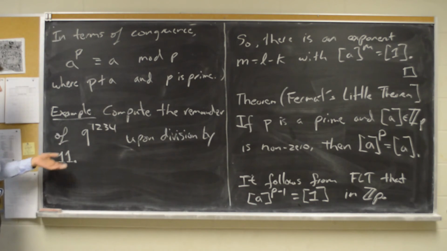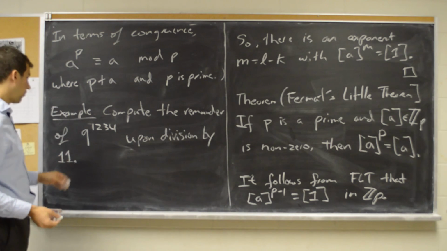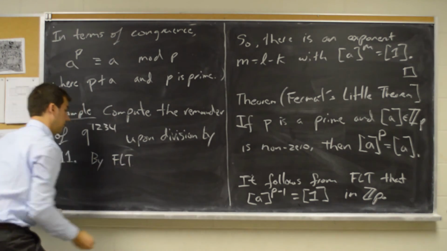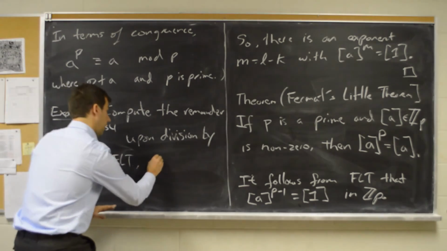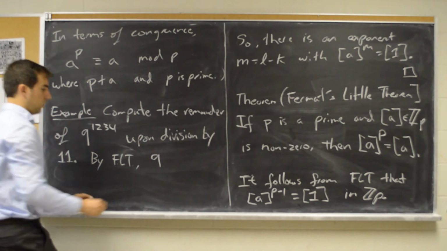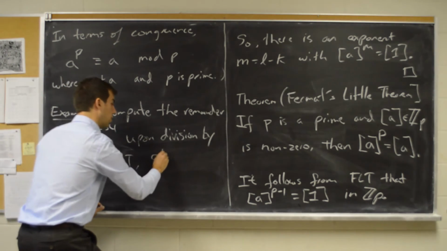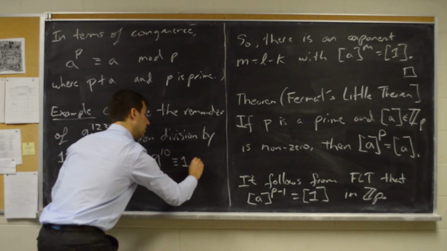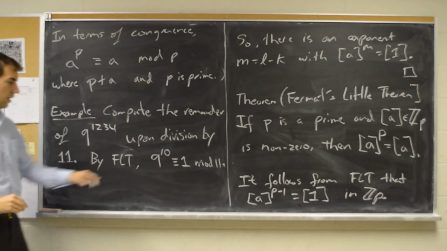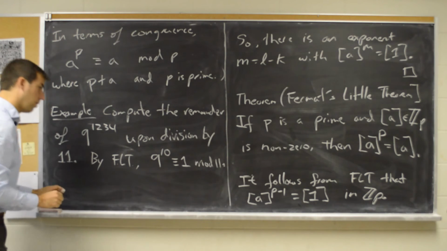We want to avoid long division by 11. Let's see if we have some algebraic way of figuring out what the remainder is going to be. First, by Fermat's little theorem, what do we know? 9 is not 0 mod 11, so we know that 9 to the 11 minus 1, that is 9 to the 10, is congruent to 1 mod 11. This is the relationship we're going to use to simplify all the modular arithmetic.